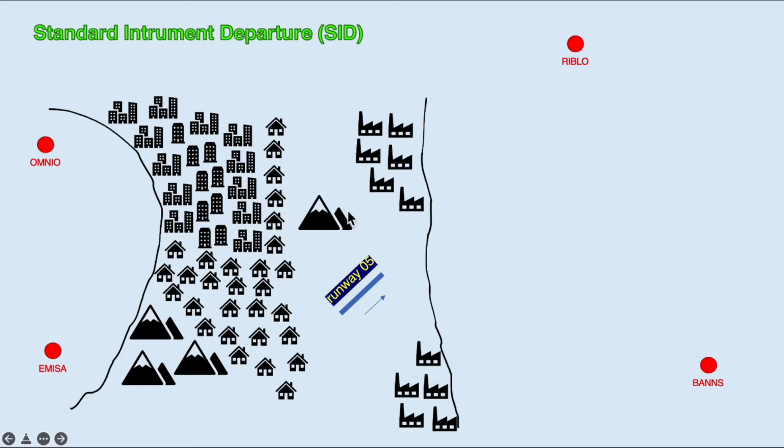So let's consider that when you're departing from runway 05, you shouldn't turn left immediately or turn right immediately, because you're going to meet these areas. So of course the obvious path to follow is this part here, because that ensures that you're not meeting any of these areas.